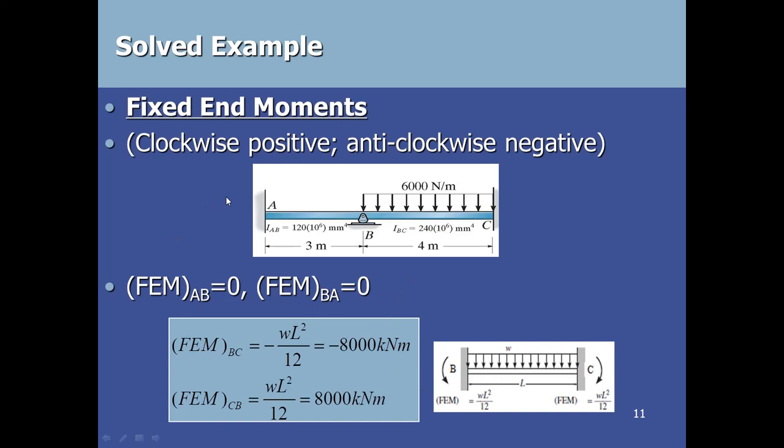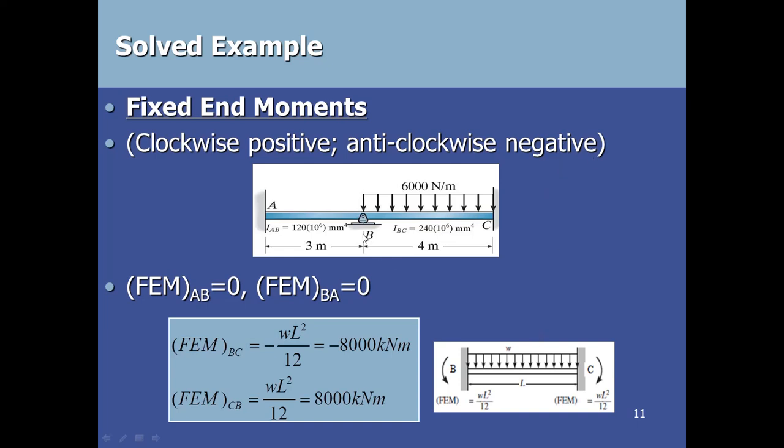For fixed end moment we have to use the table for fixed end moments, which will be available in your textbook, or also if you get the question in the exam, the data sheet will provide you the table of fixed end moments. Here we have to define the sign convention. Clockwise moments will be taken as positive and anti-clockwise as negative.